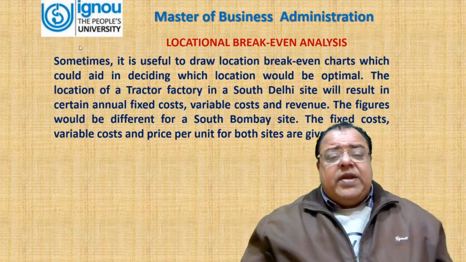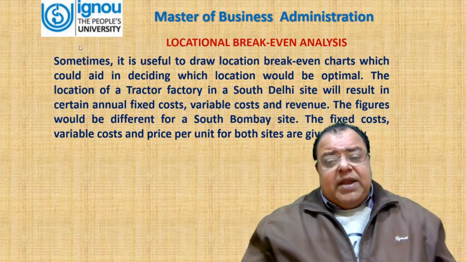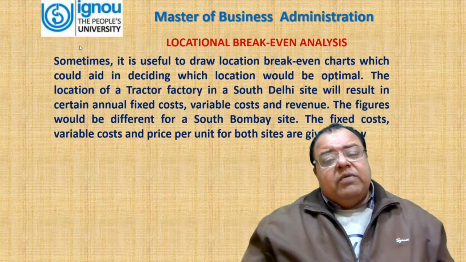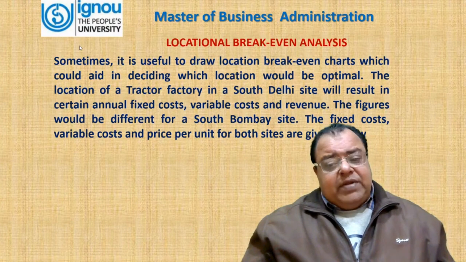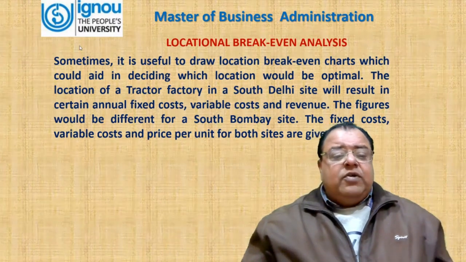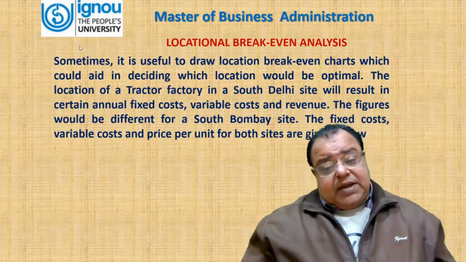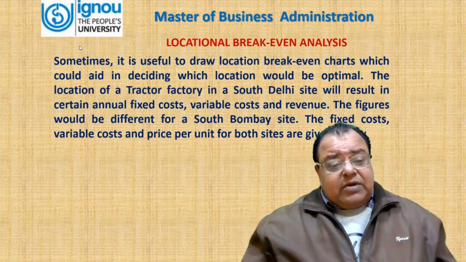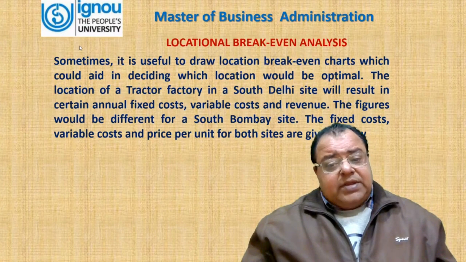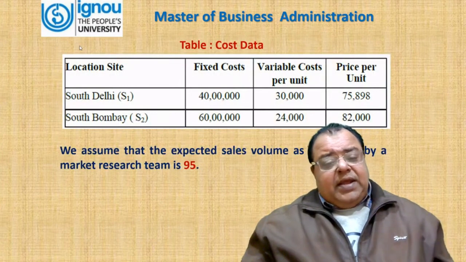The location of a tractor factory in a South Delhi site will result in certain annual fixed cost, variable cost, and revenue. The figures would be different for a South Bombay site. The fixed cost, variable cost, and price per unit for both sites are provided in this particular table.